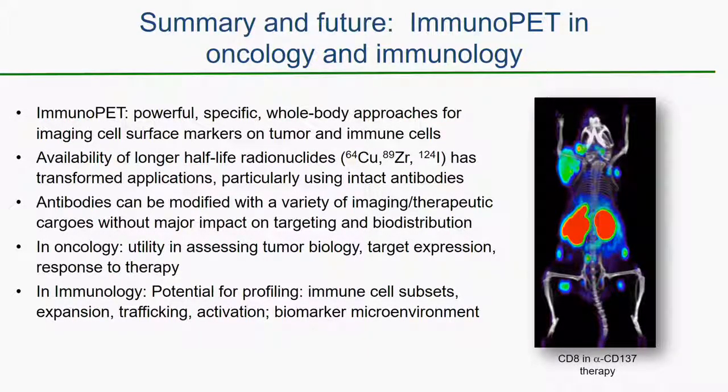And in oncology, this allows us to assess a lot of interesting and informative questions in terms of tumor biology, target expression, whether your targeted therapies are getting where they're supposed to get, response to therapy, and I think especially exciting is the potential in immunology for profiling immune cell subsets, expansion, trafficking, activation, et cetera, and not just in oncology, but actually across potentially a much broader spectrum of diseases.